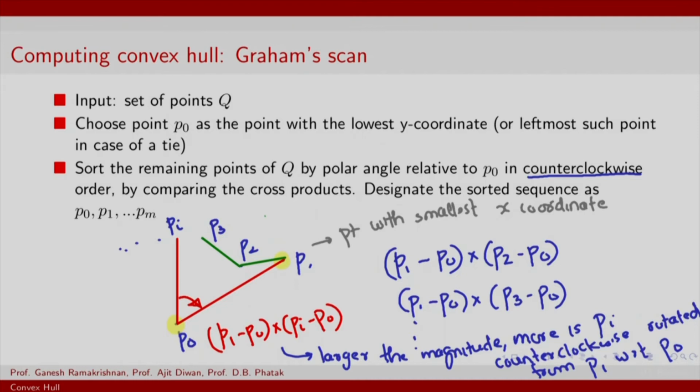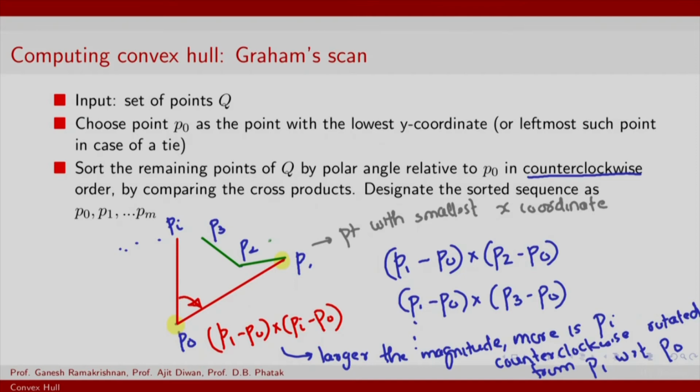On the other hand, if P2 had been up here, then one could find that P3 is clockwise from P1 with respect to P2. So P2 will be excluded if the new point happens to be counterclockwise from the previous point with respect to the point P2.